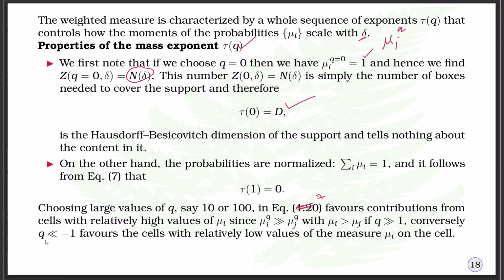Conversely, if q is less than or equal to minus 1, it favors the cells with relatively low value of the measure mu_i on the cell, contributing lower values.